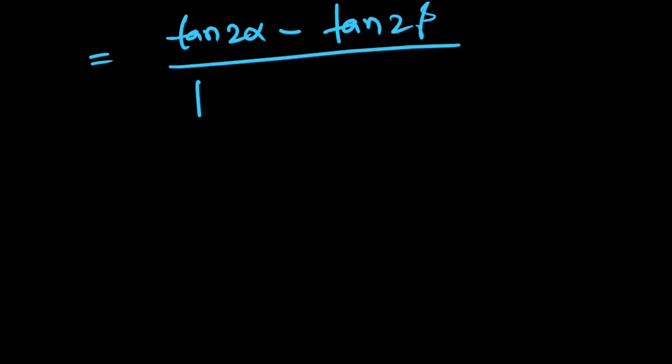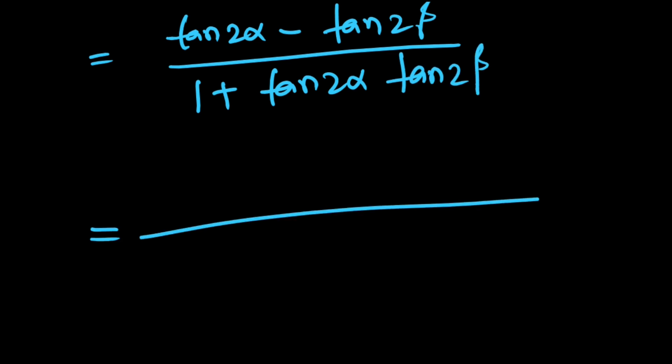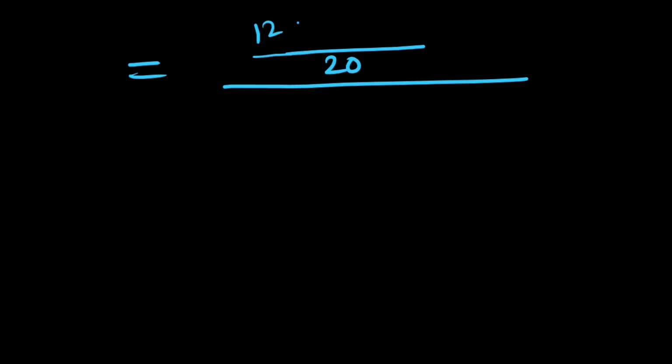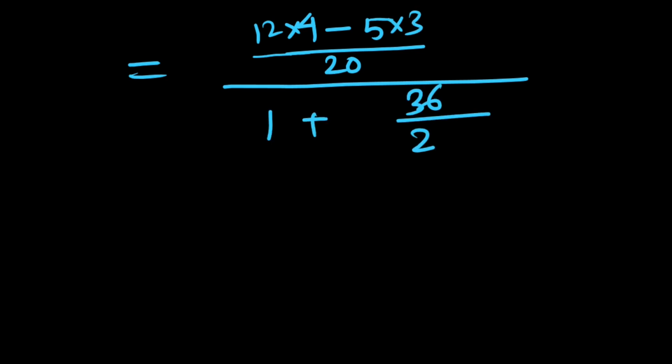So tan 2 alpha is equal to 12 by 5, minus tan 2 beta is equal to 3 by 4, over 1 plus 12 by 5 into 3 by 4. Now we simplify it. LCM is 20, 12 multiplied by 4 minus 5 into 3, over 1 plus 36 over 20.